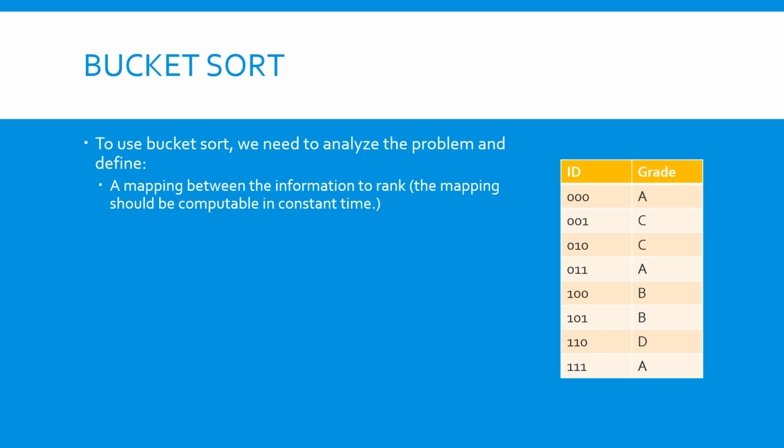In this case, the student with ID 000 is sorted before the student with ID 023, which meets our expectation in most cases. Or, for sorting based on grades, we can map the grade A to 1, B to 2, C to 3, and D to 4. In this case, students who received A are ranked before students who received B, and so on.